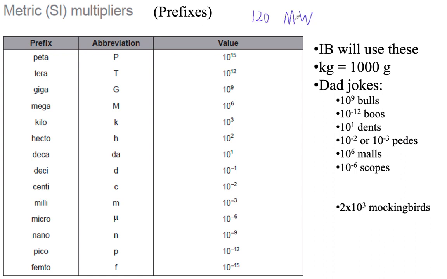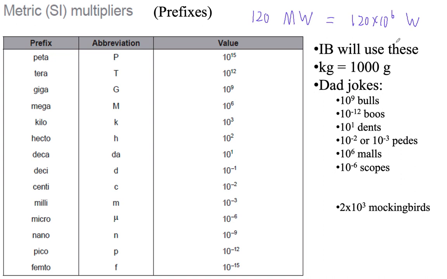So what you do with these is you literally just do a text substitution. When you see mega, you go, oh, that means 120, and then it's times 10 to the 6th. So it's a way to sort of write scientific notation without actually writing scientific notation, which is sometimes kind of a pain.